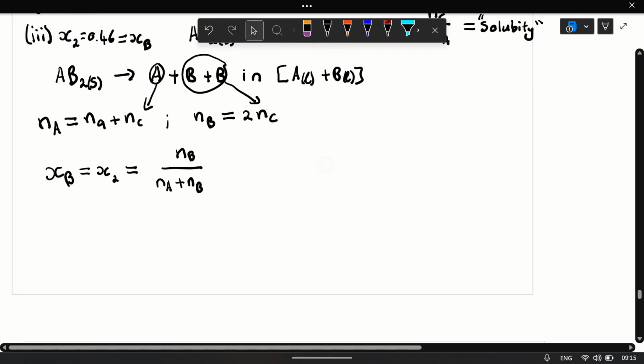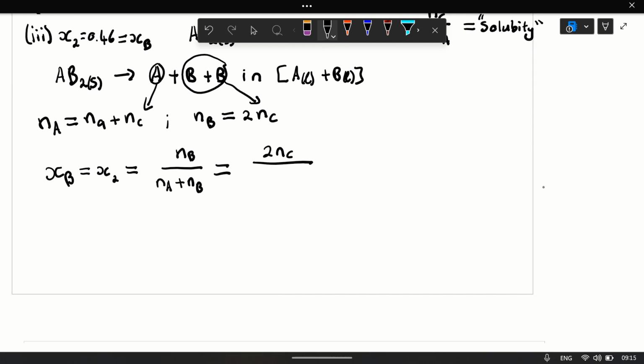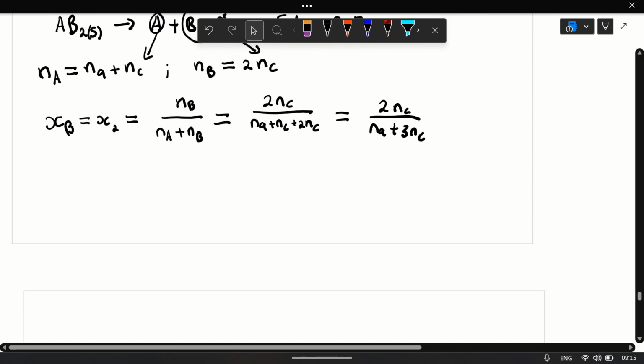Okay, so let's plug that in. So that becomes 2Nc over Na plus Nc plus 2Nc. That gives us 2Nc over Na plus 3Nc.